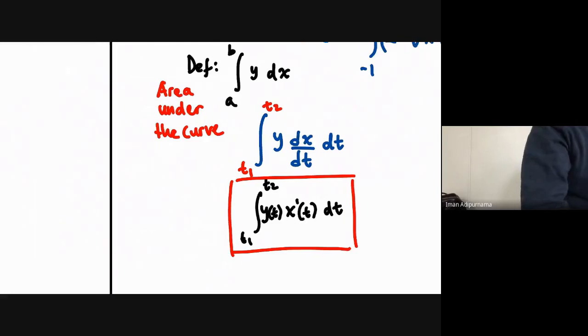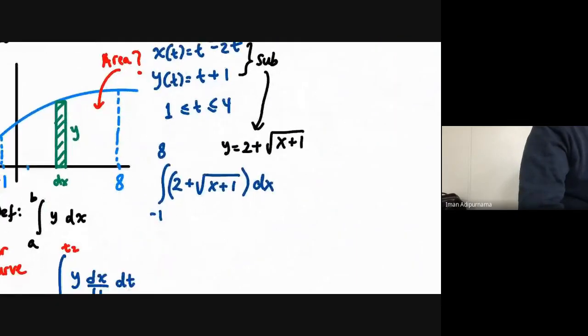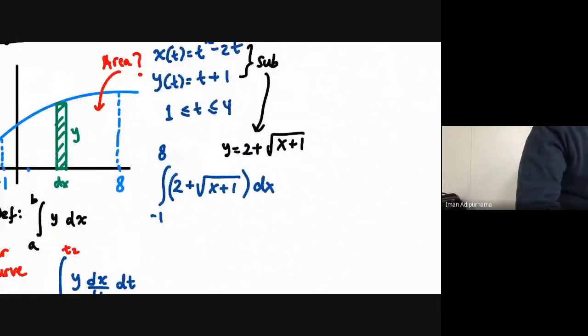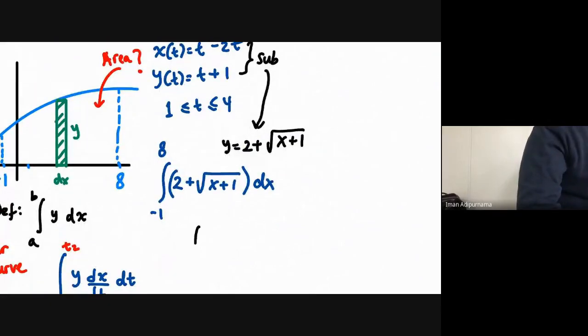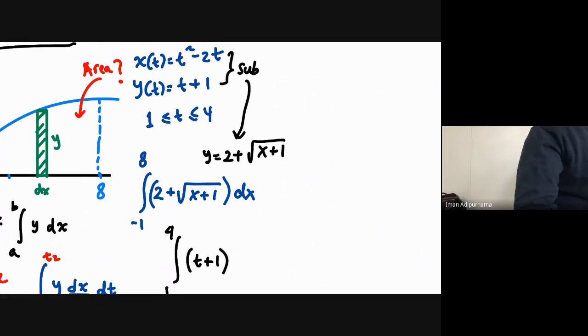Now, looking at the question, we have x, y, and some t, so we can write down the integration from 1 to 4, with y of t being t plus 1, and the derivative of x with respect to t being 2t minus 2, and then dt.